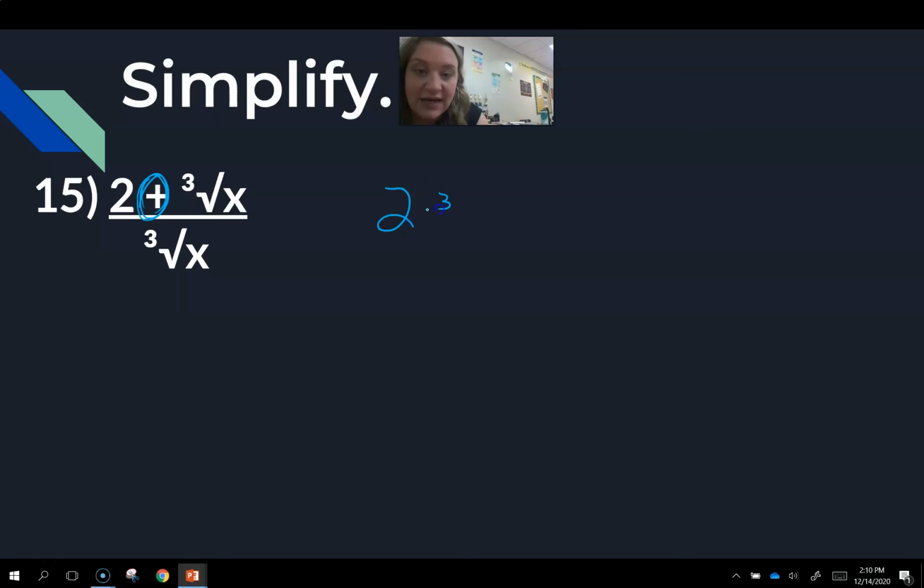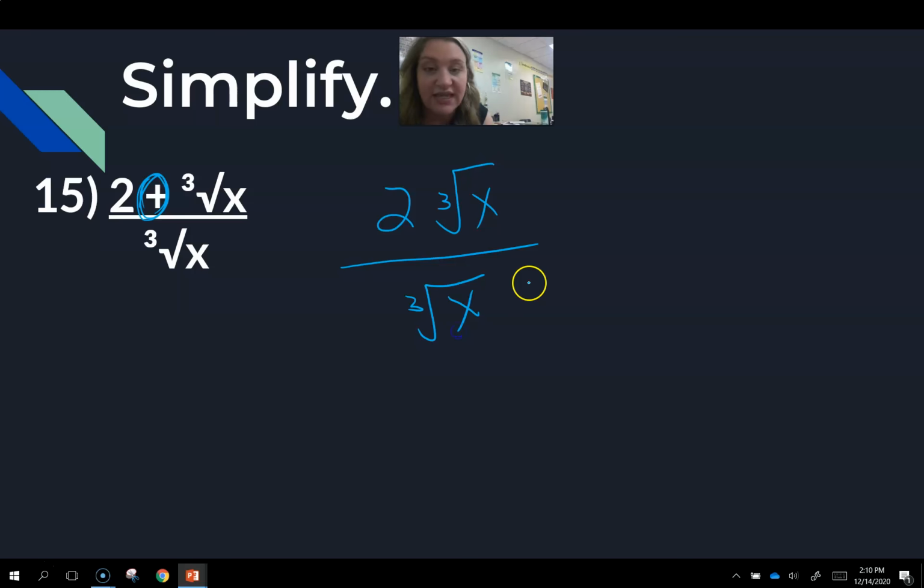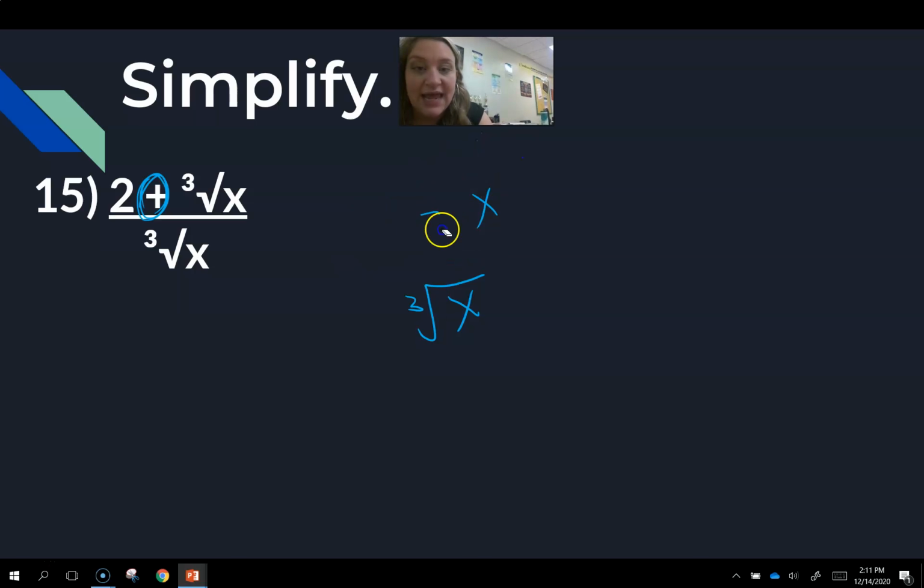If the plus sign was not there, if they were together by a product or multiplication like this, then you can cancel out because you're dividing. It's a whole number with a whole number. That's not happening in number 15. There's a plus sign here. So because of that plus sign, it changes the entire thing.